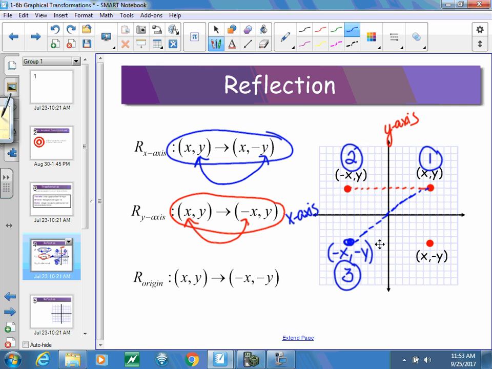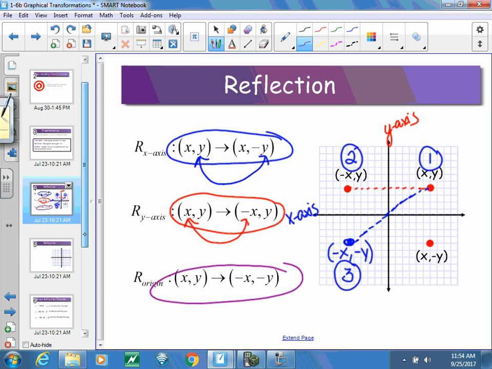What ends up happening with a reflection through the origin is that both of your x and y values become the opposite sign. So I went from x, y in quadrant 1 to now negative x, negative y over in quadrant 3. A reflection through the origin is when both are taking place.